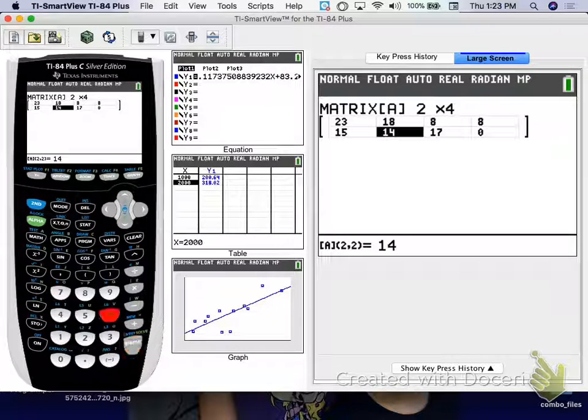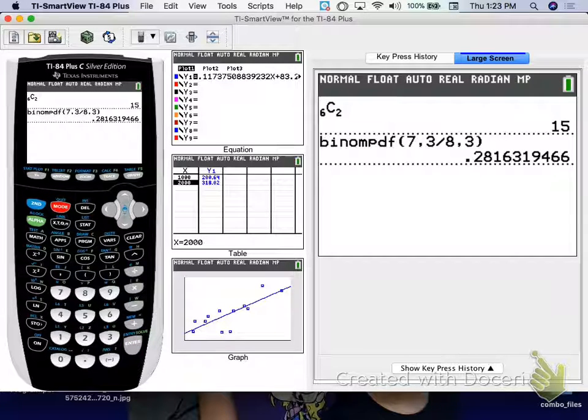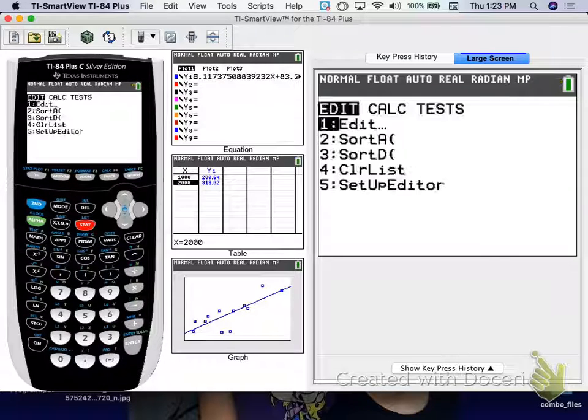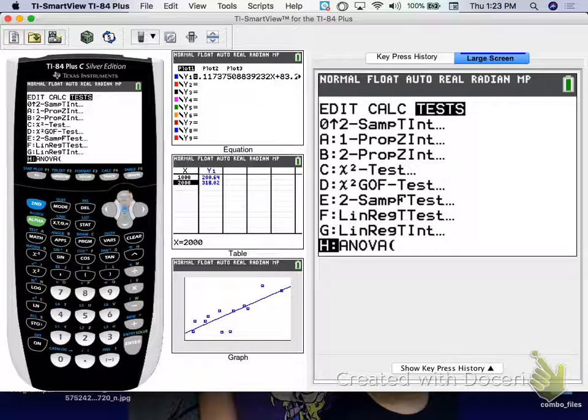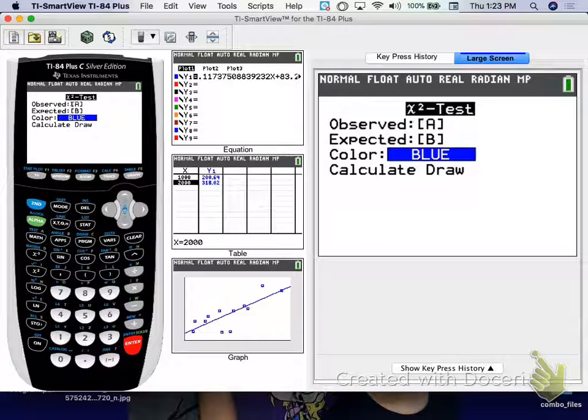Then 15, 6, 12, and 10. Okay. So now once we've got that all in there, we're going to get out of this menu. And we're going to go to stats, and then tests. And we want to go to our chi-squared test. So again, leave all that the same. Calculate.